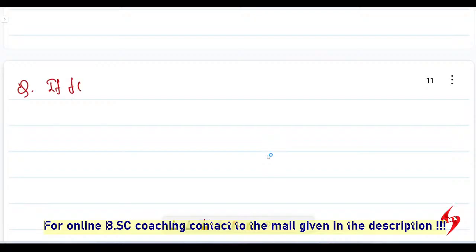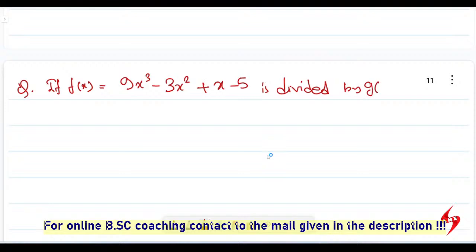If f of x equals 9x cube minus 3x square plus x minus 5 is divided by g of x, that is x minus 2 by 3. Okay, so at first I am taking the 0 of the divisor, that is g of x, the divisor is x minus 2 by 3.